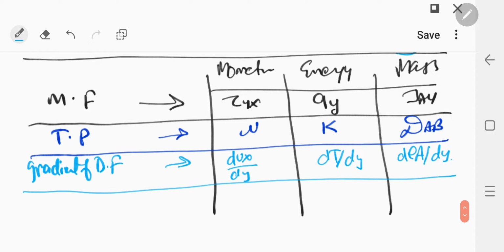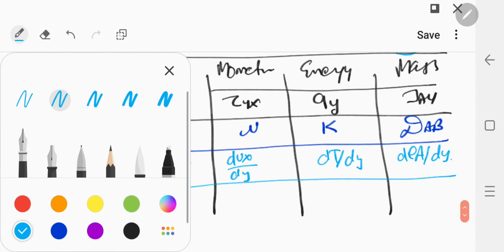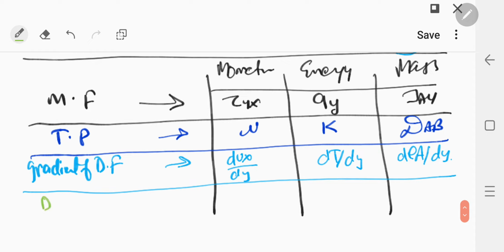Now over here we are discussing mass. We can also represent it in terms of concentration, then we're going to use molar diffusivity, which we will discuss when we come to mass transport. Then the diffusivity: over here it's your kinematic viscosity, over here it's thermal diffusivity, and in mass it's DAB.